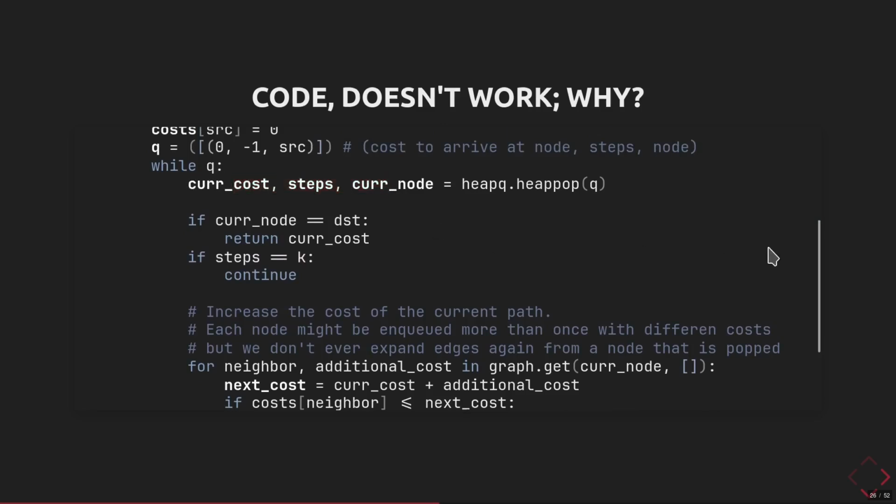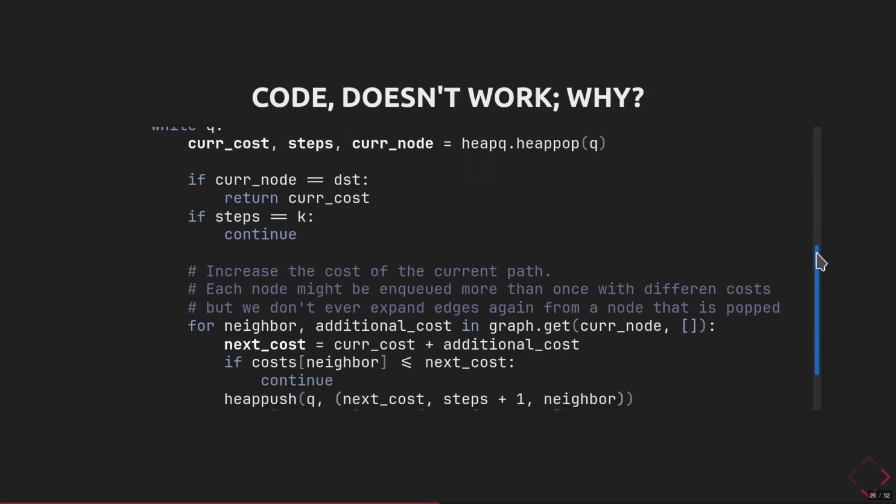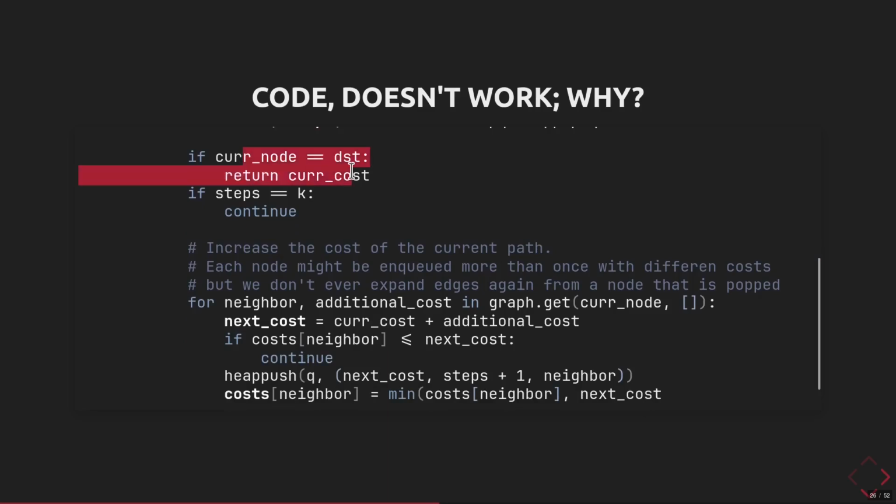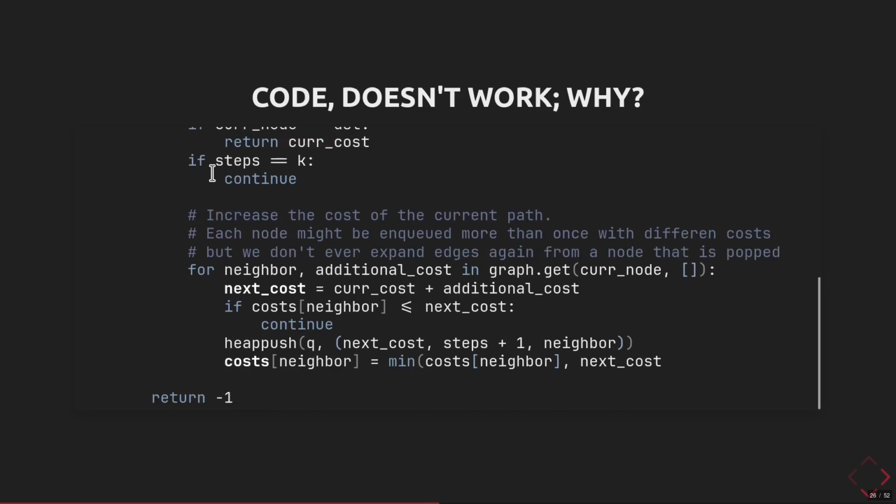So when I start the while loop, I basically pop off that first element, and then I see if the current node is the destination, and then I return the current cost. If the steps is equal to K, then I know that there's no more steps for me to advance from here, so I just don't consider looking at that node's neighbors.